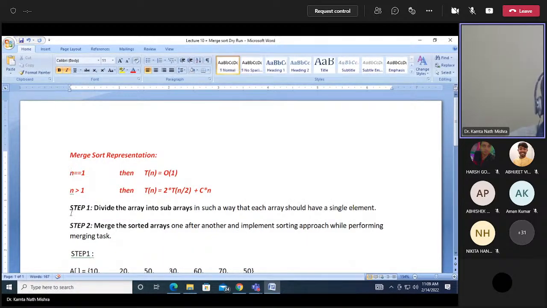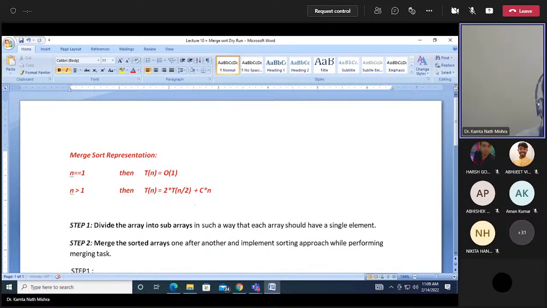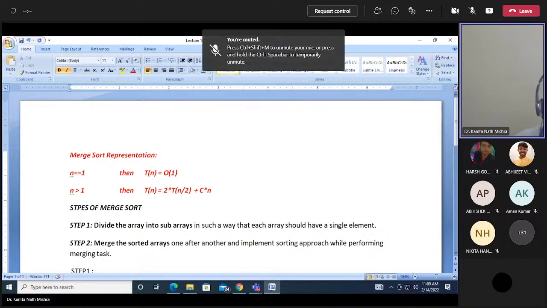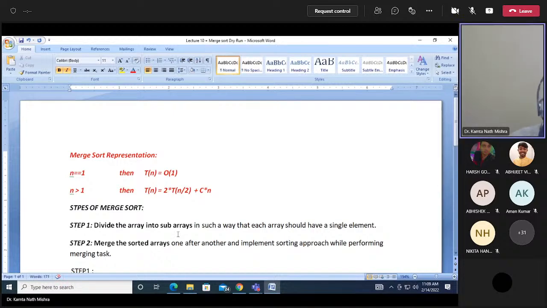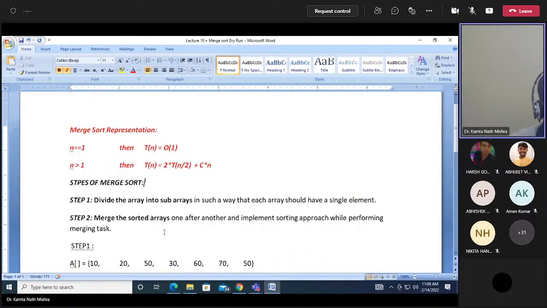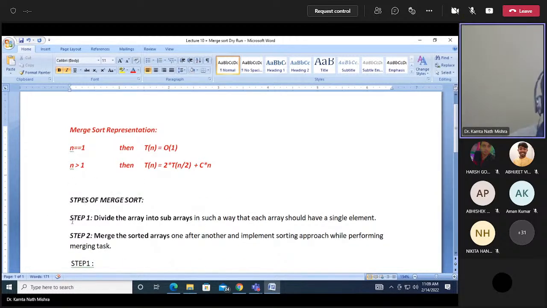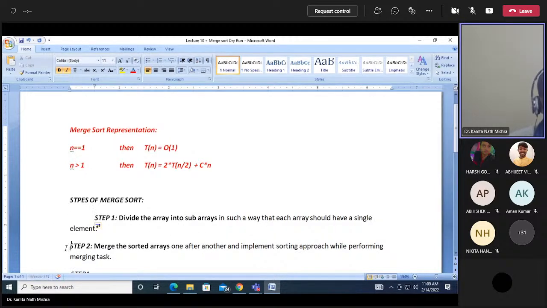Now, if you are sorting a set of numbers using merge sort, these will be the steps of merge sort. It just consists of two steps.